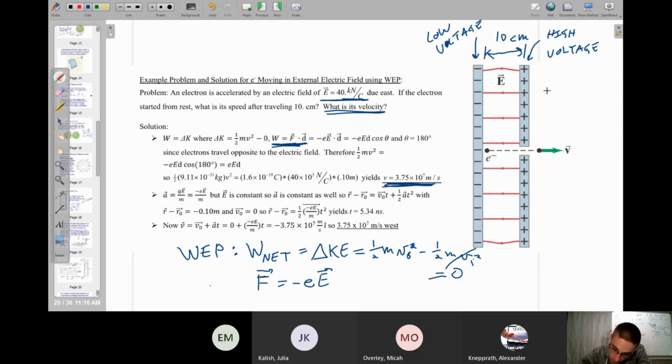Now voltage V is just defined as U over Q, where U is the potential energy that a charge would have at a specific location. So we talk about electric potential or voltage as just being the potential energy that a charge would have if it was placed at a given point, and then we divide by the charge that point charge has.